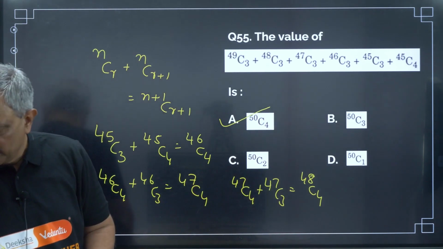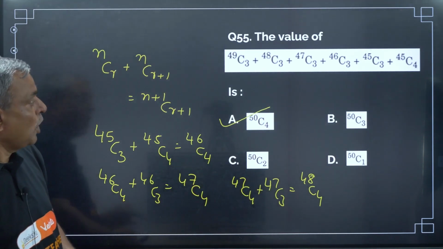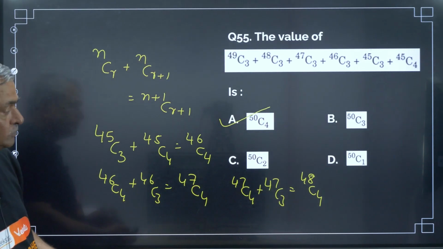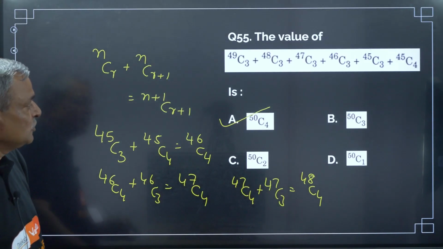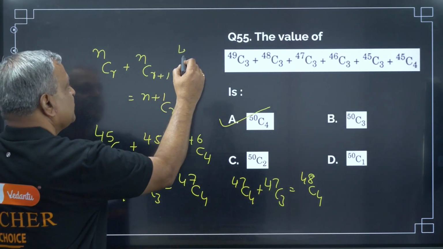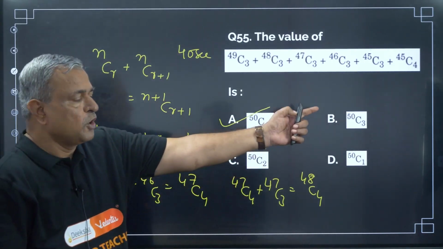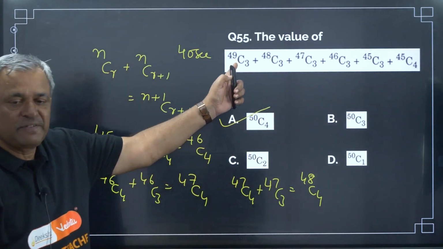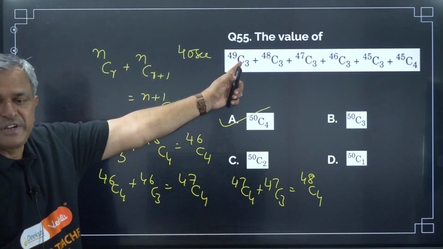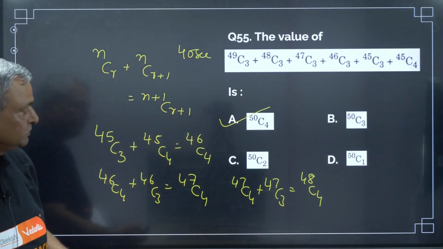Option A is correct. Question number 55, option A is correct. It will take 40 seconds because you have to calculate and check it. Of course, if you know the formula, by observation you just add, 50C4 will be the direct answer.